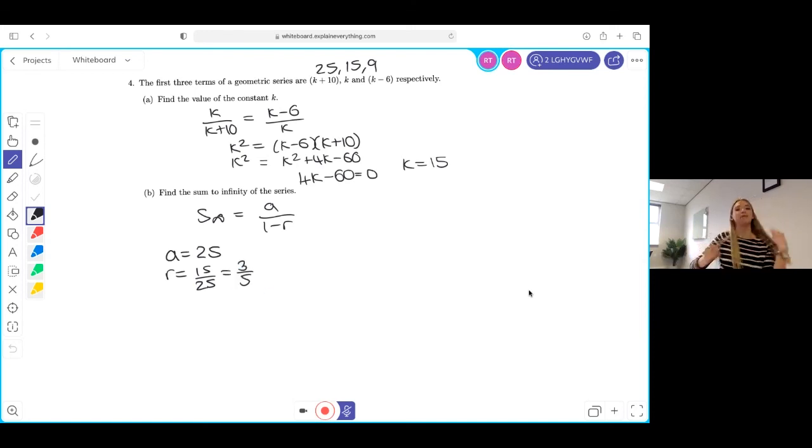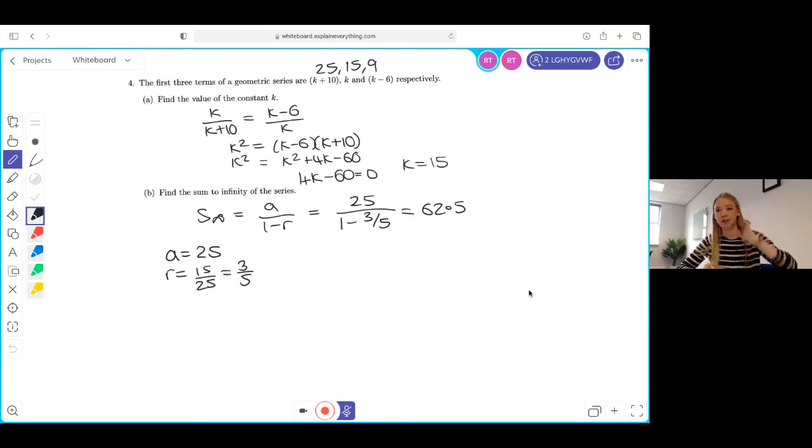So that's times by 3/5 each time as it's getting smaller. So if I sub those into my formula, a is 25, r is 3/5. I think you get the value of 62.5 for that one for the sum to infinity.